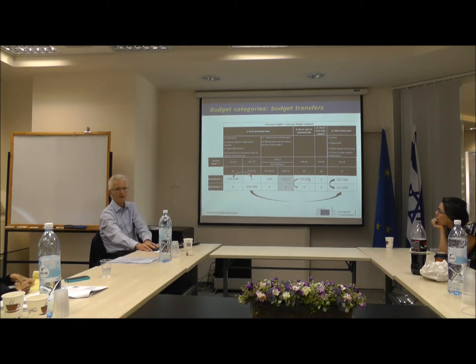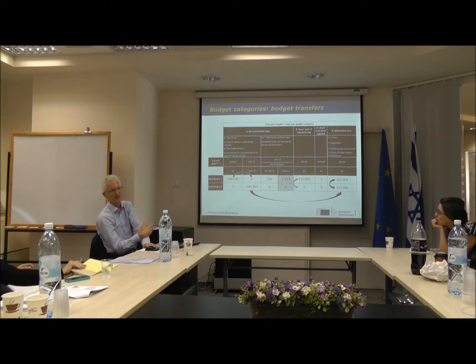And if you really want to switch a subcontract from one beneficiary to another, ask in advance. Probably it's better to prepare an amendment to be on the safe side. Because if you just do it and report on it, and then your project officer says no, I don't like this, then you have a problem. The Commission has the right to be flexible, but not the obligation.